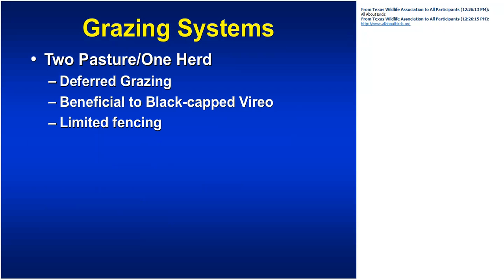It may require some deferred grazing, taking the animals off for a while. It can be beneficial to, for example, black-capped vireos. And it doesn't require a lot of fencing from that perspective.